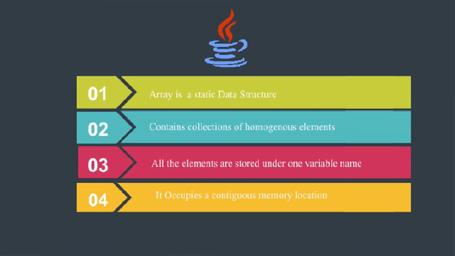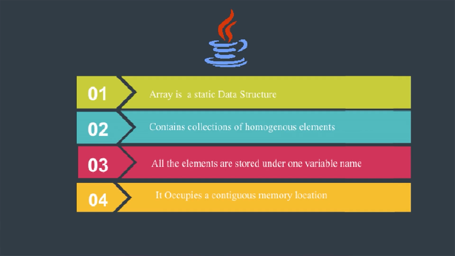It can contain homogeneous elements. We can say it's a limitation or it's a plus point, right? It maintains the type safety check, so we cannot store different types of data in the same array. It has to be the same type.